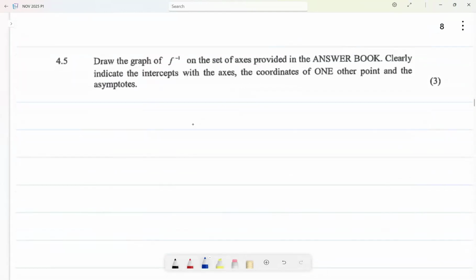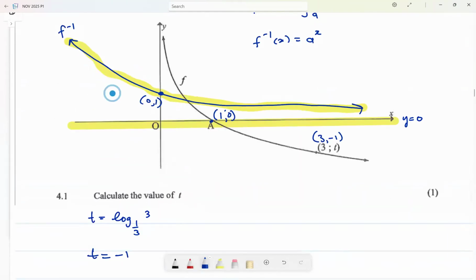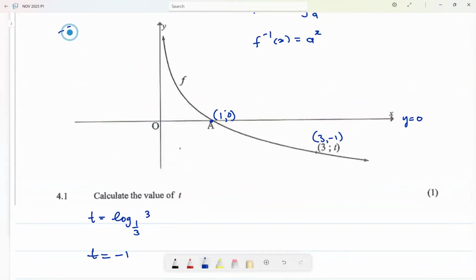Also draw the graph of the inverse on the same set of axes in the answer book. Clearly indicate the intercept with the axis and the coordinates of one other point. Since we have already drawn it here, let me redraw it again. Remember my inverse has a graph of (1/3) to the power of x, so it is a decreasing function.